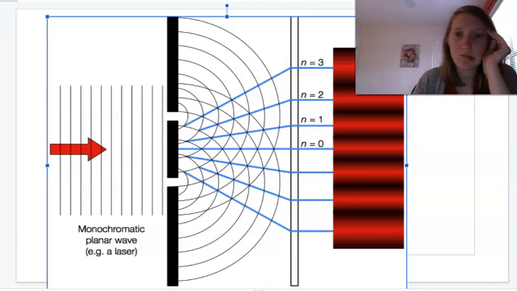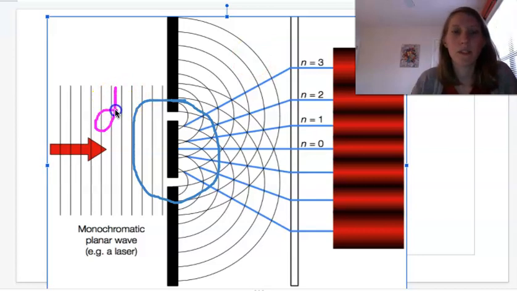Let's use this one. This is D. I'm going to use a better color. Okay, this is little d in meters. How far apart these are, okay? That's d. All right, we already established what n is.